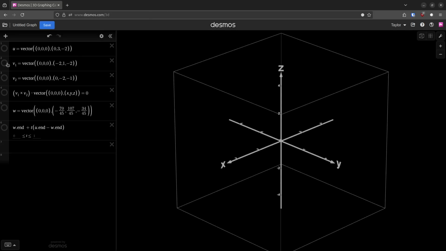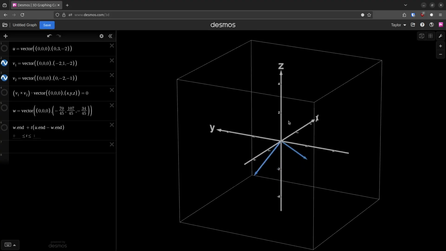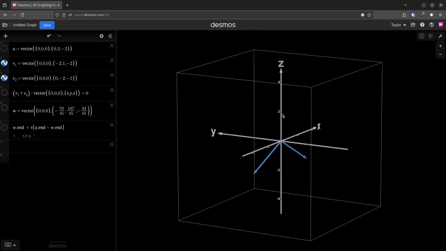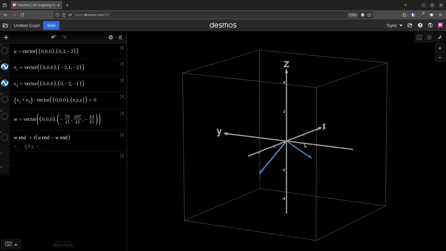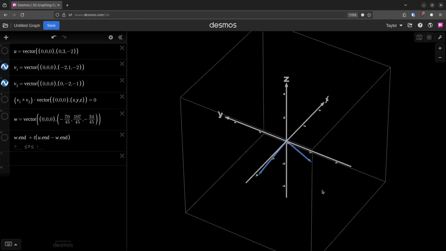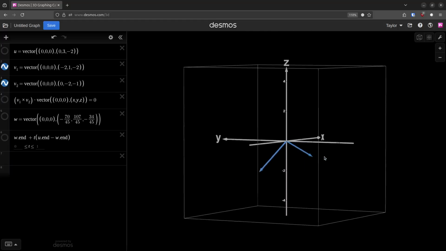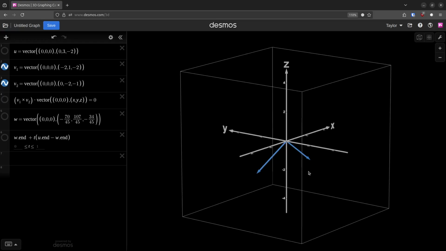Now, my two orthogonal basis vectors are v1 and v2. Notice that they really are orthogonal. If you look at them directly head on, they really are two orthogonal vectors.